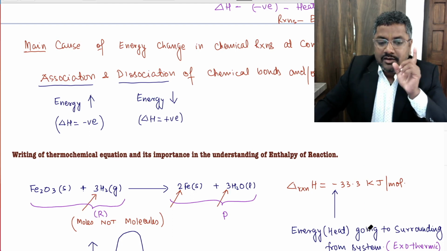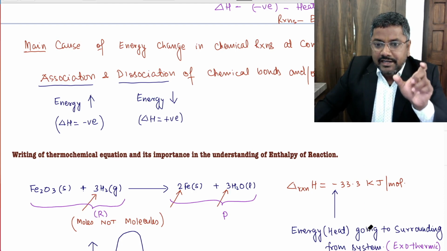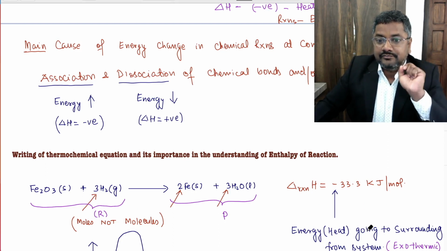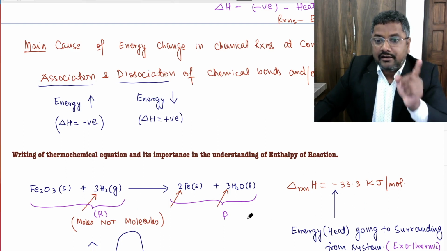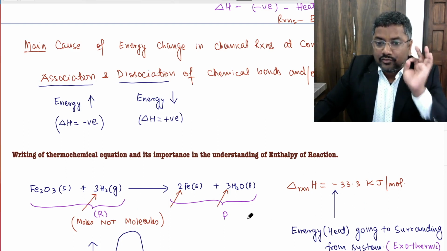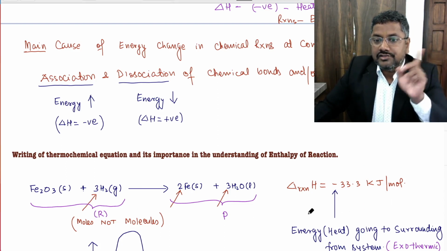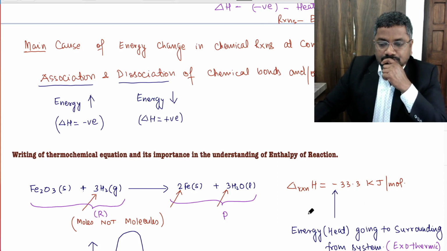See, whatsoever the value of delta H given, that tells the energy change for the reaction as written in the balanced form. It is not allowed in thermochemistry that you divide or multiply any equation. If you divide or multiply any equation, delta H will change accordingly, as you know, this is an extensive property.